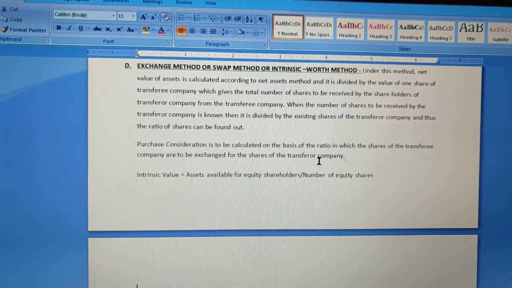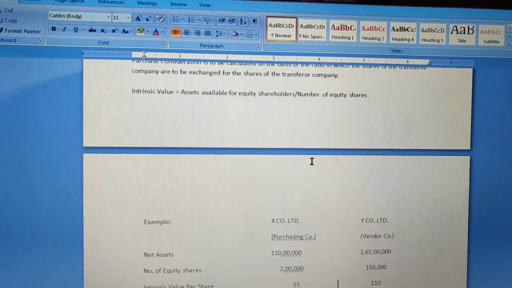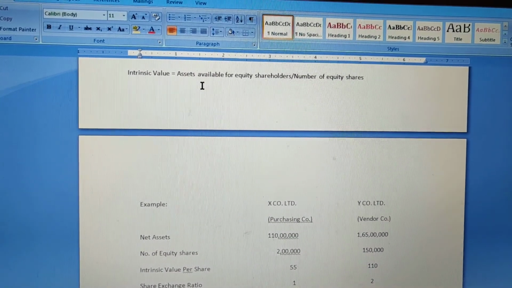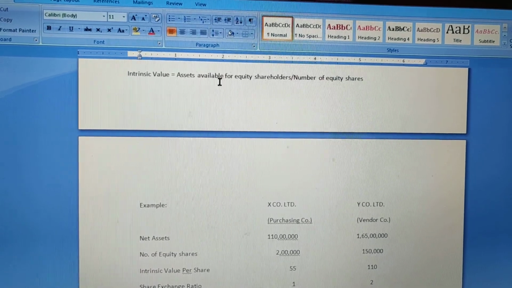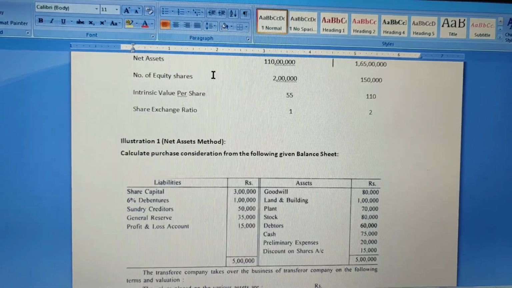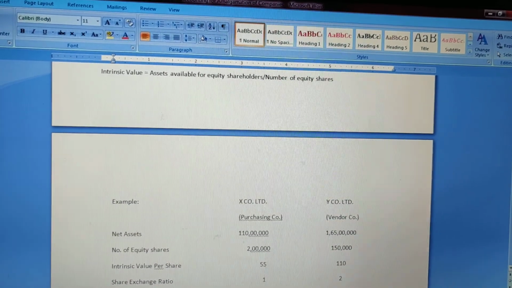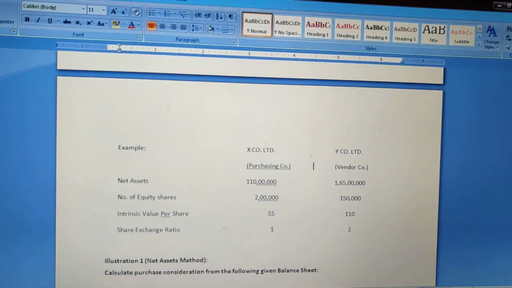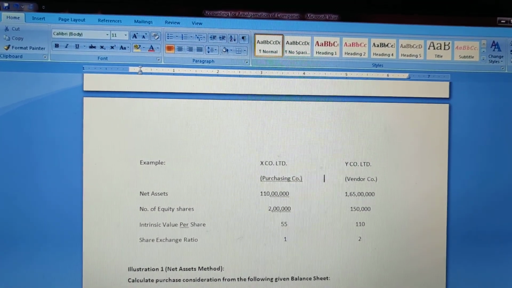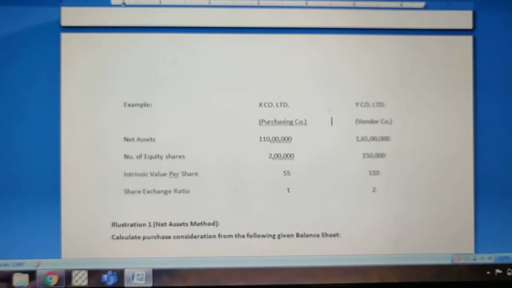Okay, let's do it with the help of an example. See, X Company Limited and Y Company Limited are two companies. X Limited is the purchasing company, Y Company is the vendor company, and net assets are given.